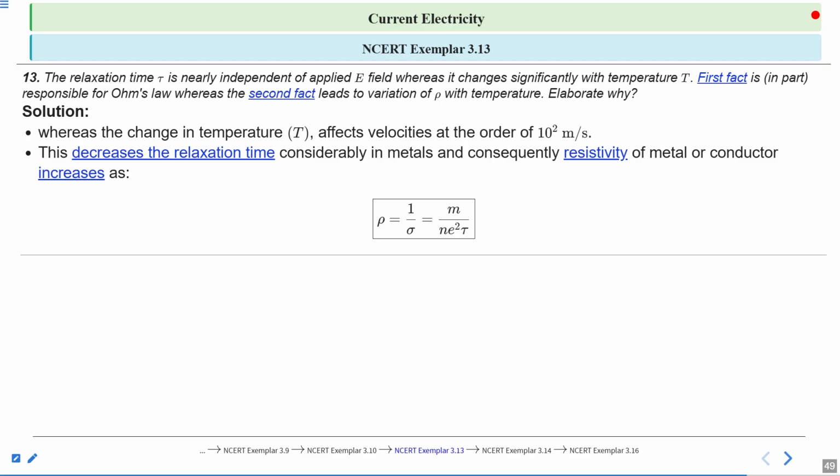Why is this relaxation time decreasing? Due to the increase in temperature, more frequent collisions and increase in the velocity. And that increase is significant, which is of the order of 10 raised to 2 meter per second.